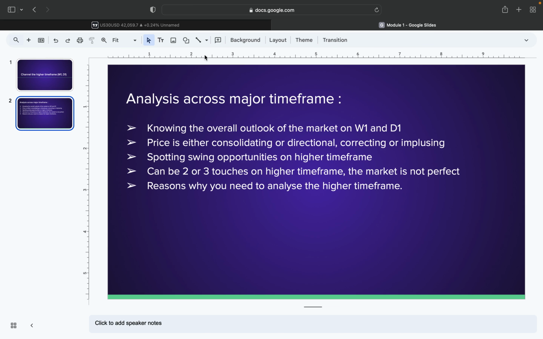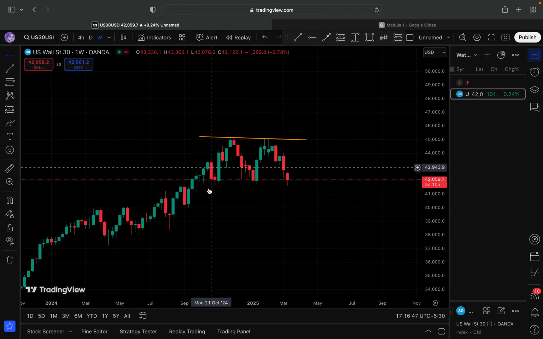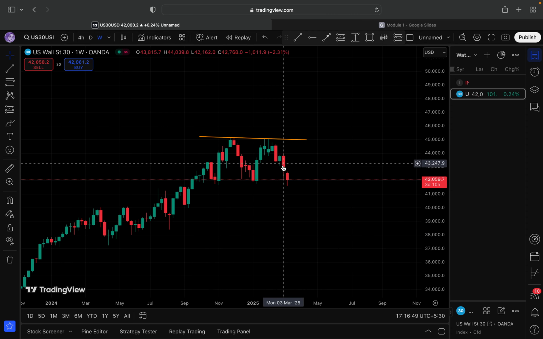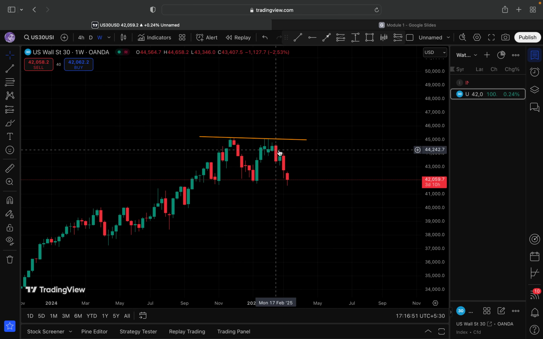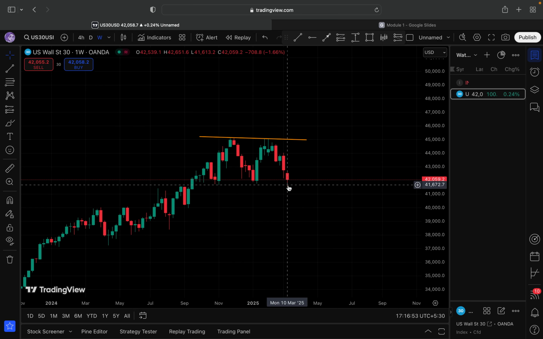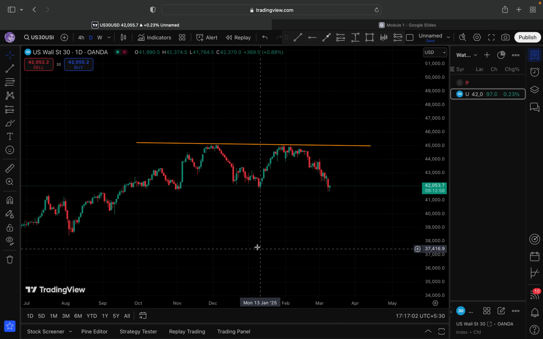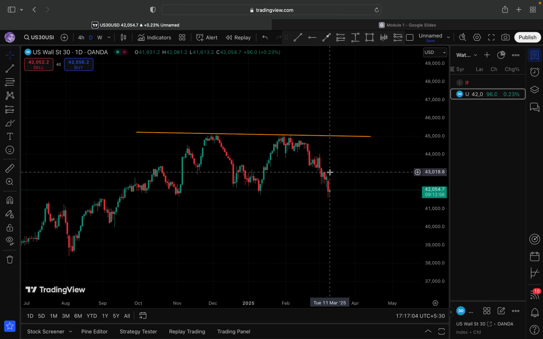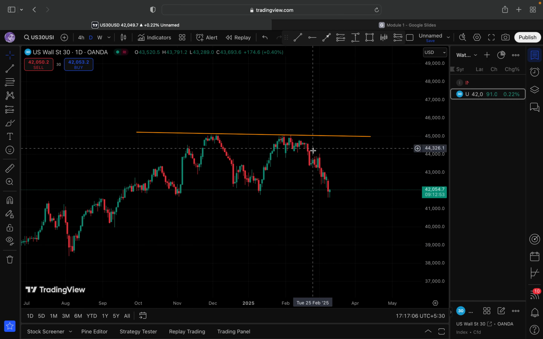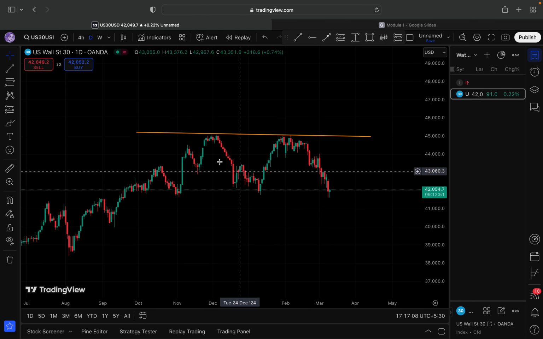You know what phase the market is in. Currently the price is bearish, so it is impulsing, it impulsed. If you check the daily time frame, you see that there was likely a correction before this impulsive move, and that is it. As you can see, price corrected here and it gave this impulsive move.